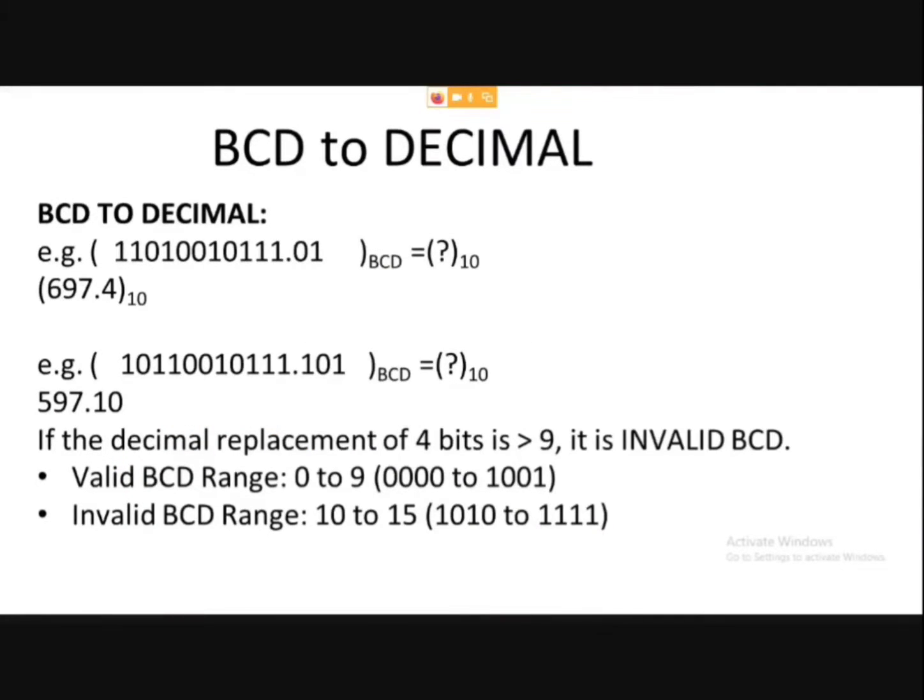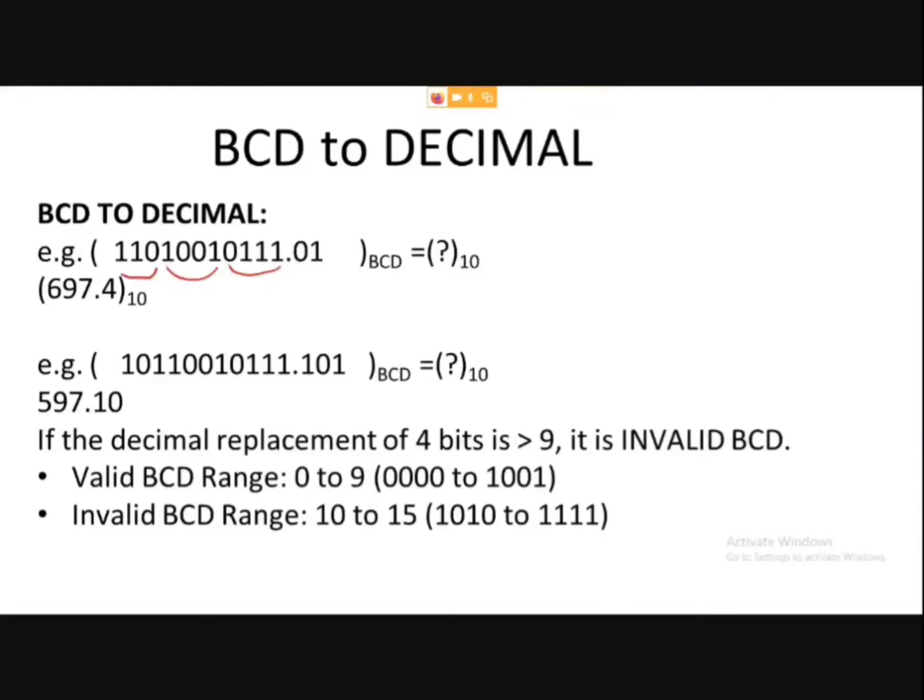but BCD to decimal is a bit tricky. For the simple reason, if we want to understand the rules, the rule is we have to group 4 bits and replace them, but the grouping has to start from the decimal point. Okay, so these 4 bits will be replaced by their decimal equivalents.